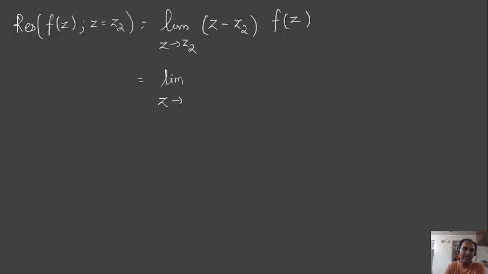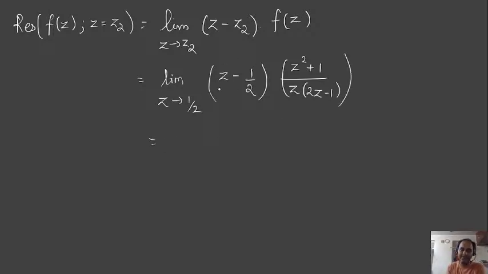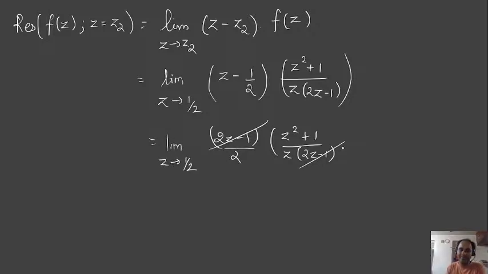So it is (z - 1/2) times (z^2 + 1) / (z(2z - 1)). Simplify this: you get (2z - 1)/2 times (z^2 + 1) / (z(2z - 1)). The 2z - 1 gets cancelled, with limit z tending to 1/2.